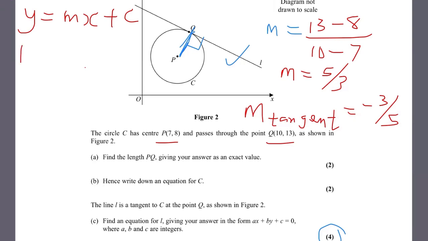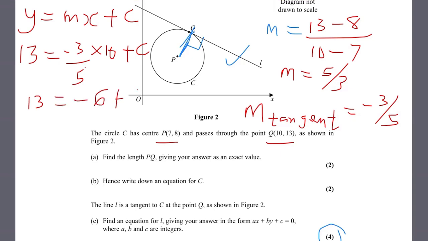We say 13 equals -3/5 times 10 plus c. Is that okay? Yep. So 13 equals -6 plus c, so we expect c to be 19.